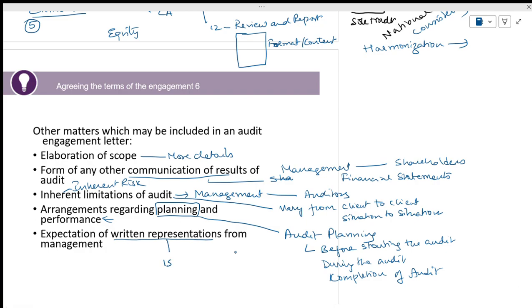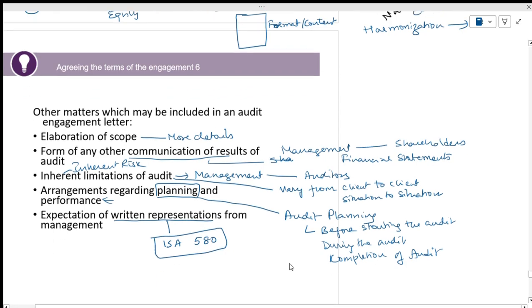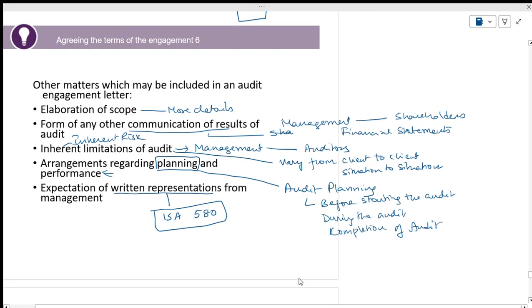There is one standard, ISA 580, written representations. See what happens. There are two ways of getting communication.